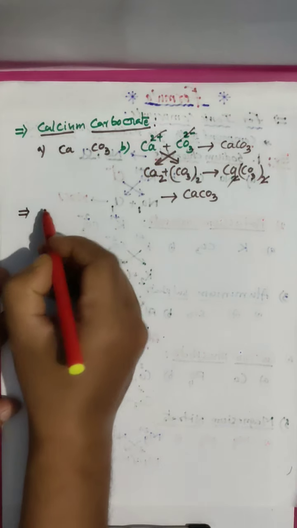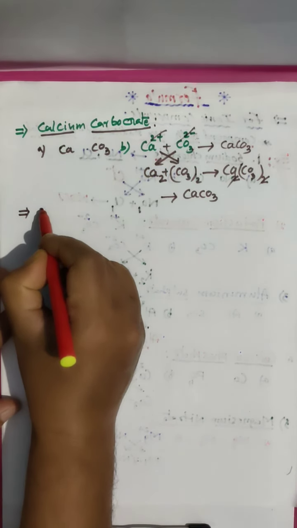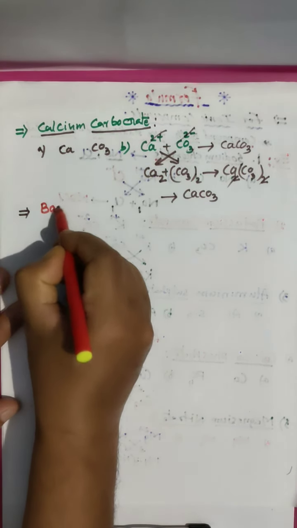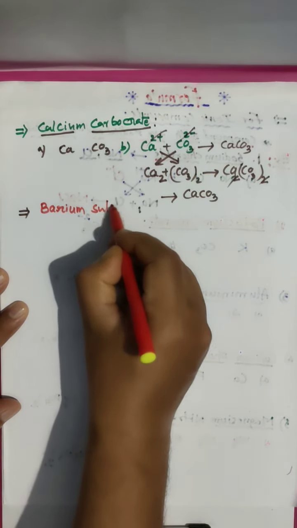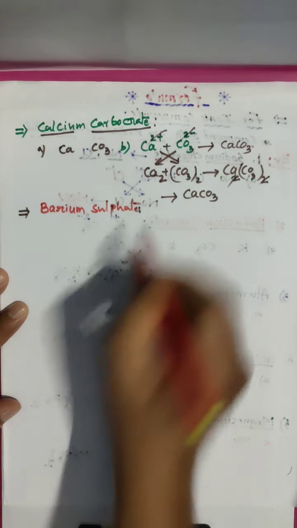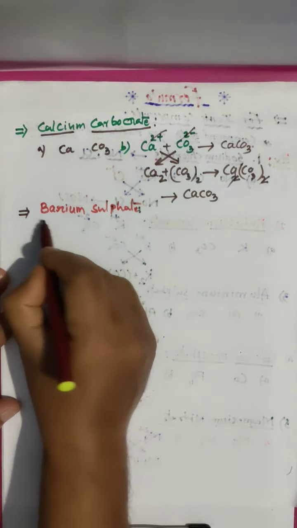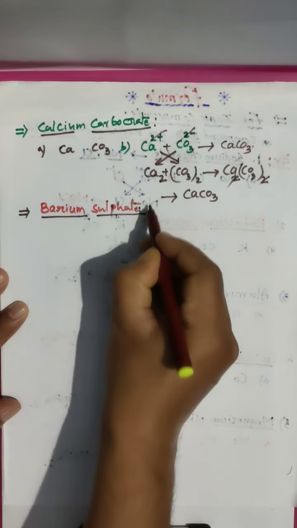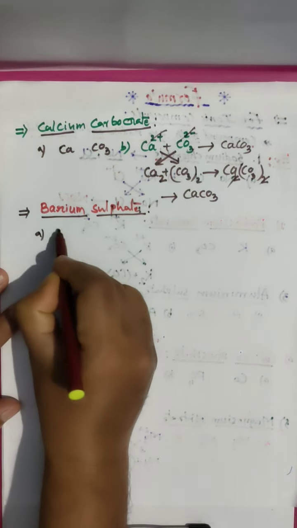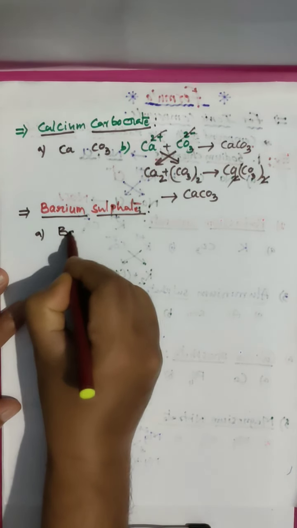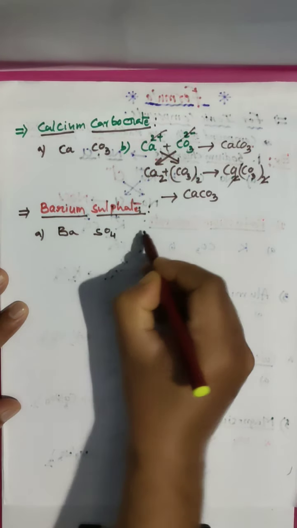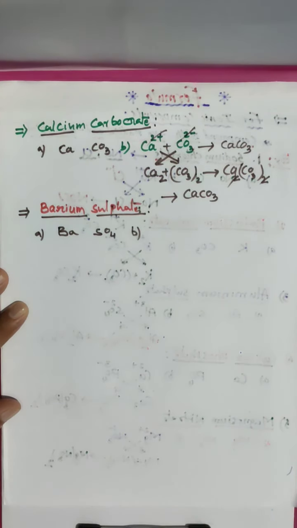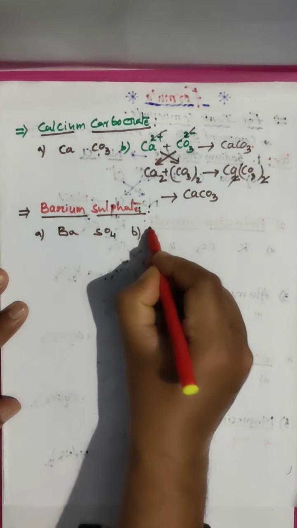You go, barium sulfate. As I told to you, first part generally we have positive radical barium, next part sulfate negative radical, and step 2 I told that charges we have to write.